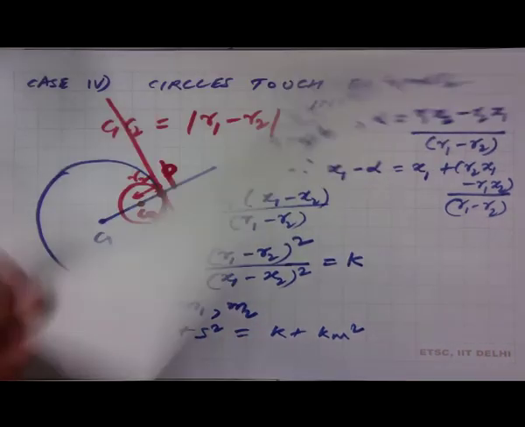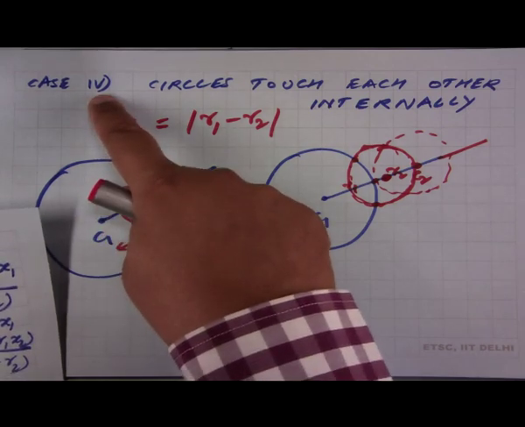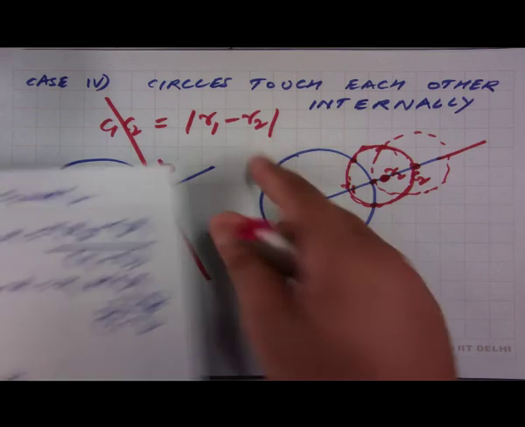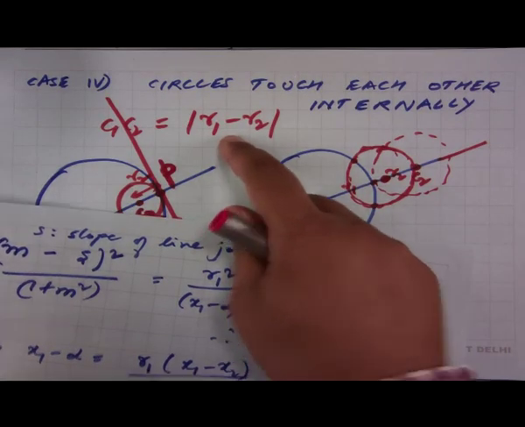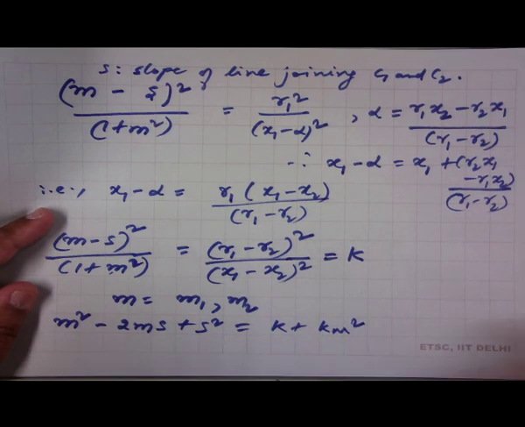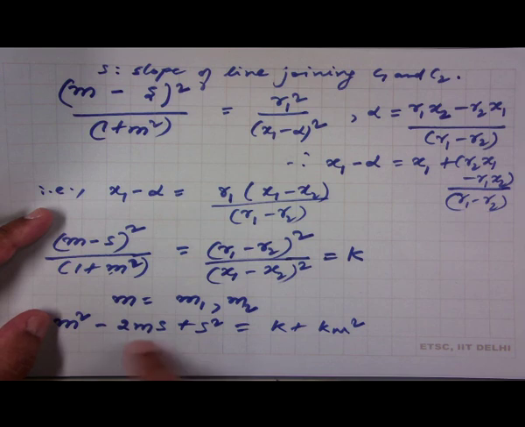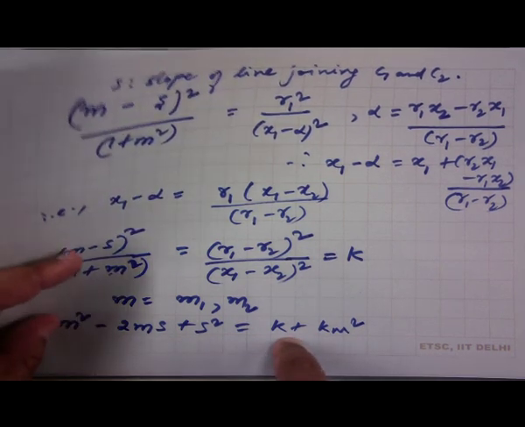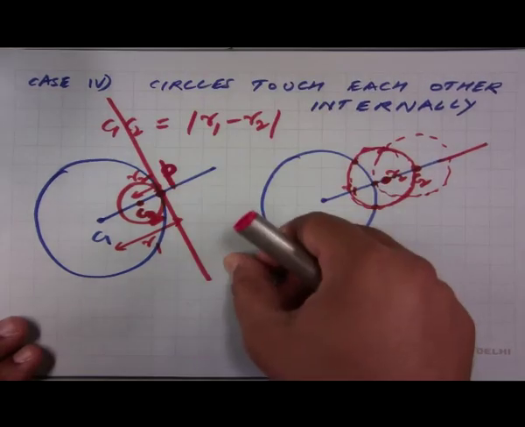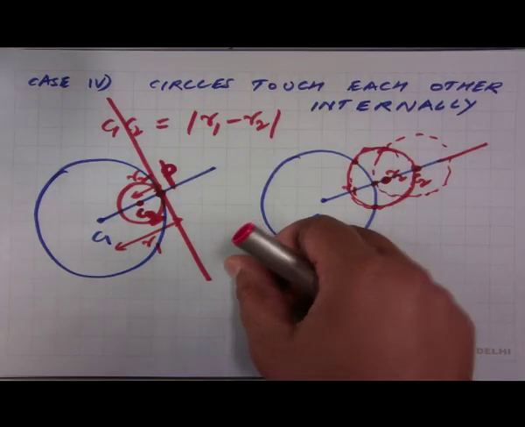But in this fourth case, when the distance between the centers is the absolute difference between the radii, this quadratic equation will have only one single real root, which means there will be only one direct common tangent, and its equation can be easily found.